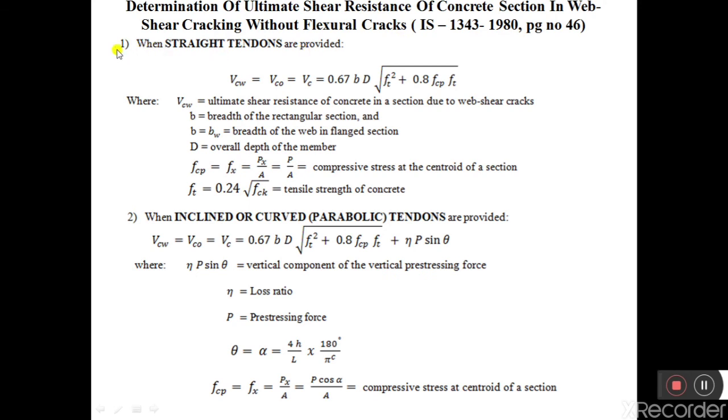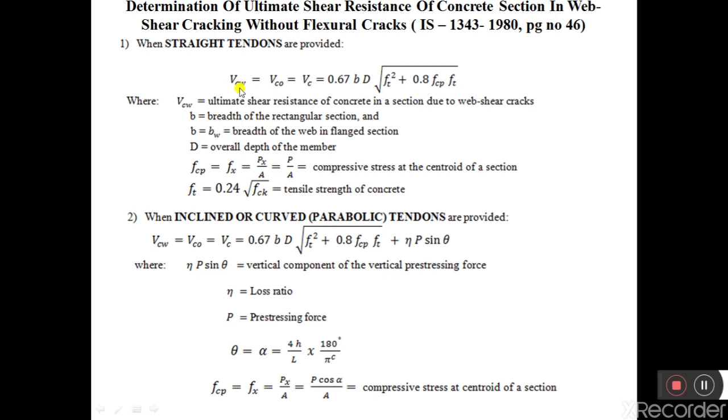First, let us consider the first condition: what is the ultimate shear strength of a member when the cables provided are straight? When straight tendons are provided, Vcw = Vco = Vc = 0.67 b D square root of (ft squared + 0.8 fcp ft).